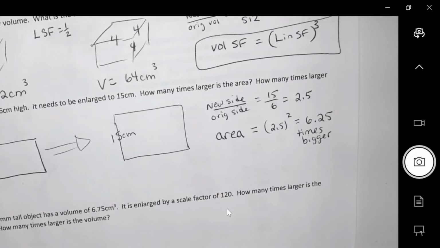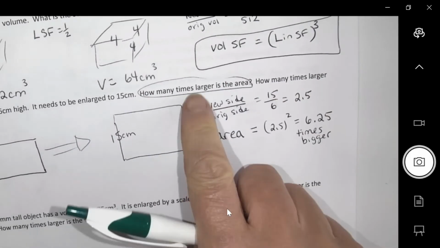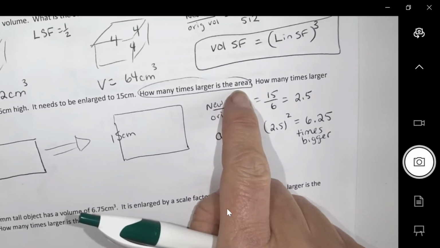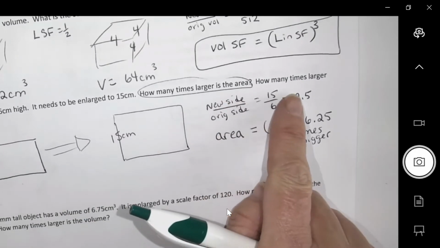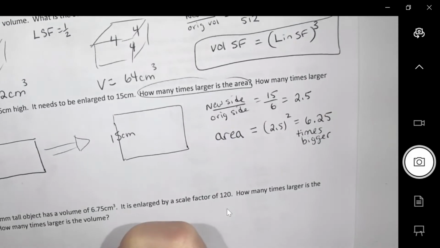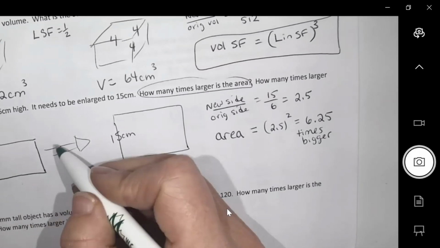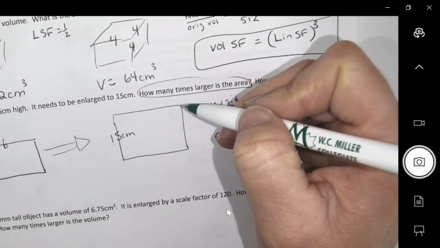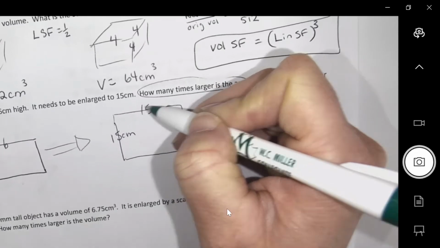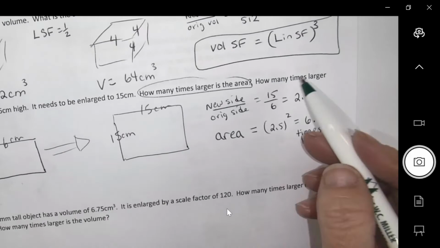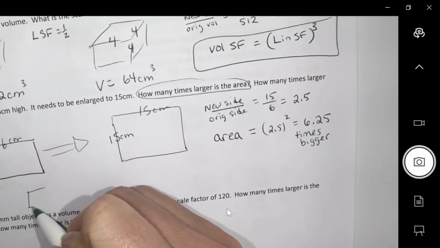Okay? I was just doing this one. This question. How many times larger is the area? Okay. Now it says how many times larger is the volume. Obviously I'm not going to do a volume with a rectangle, or a square. Sorry, that was a square before. So let's just pretend this last question we're going to be dealing with a cube.